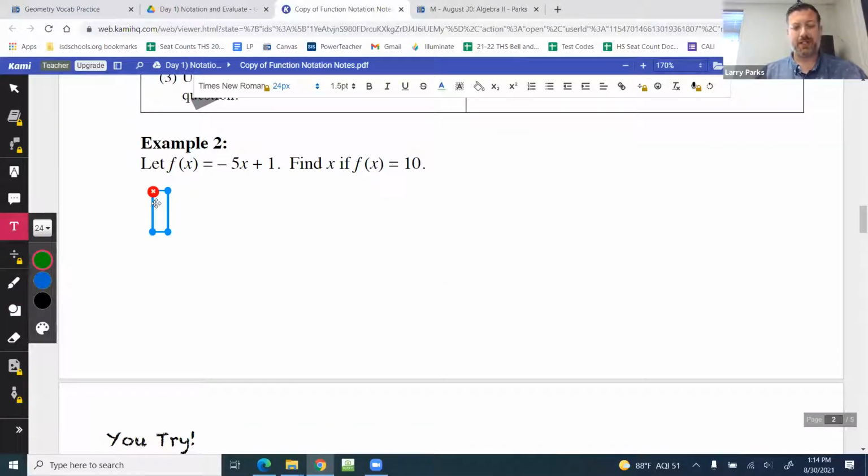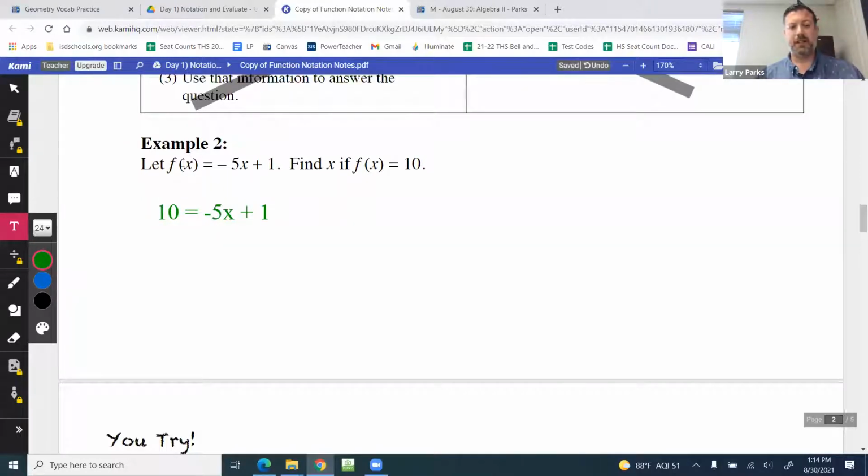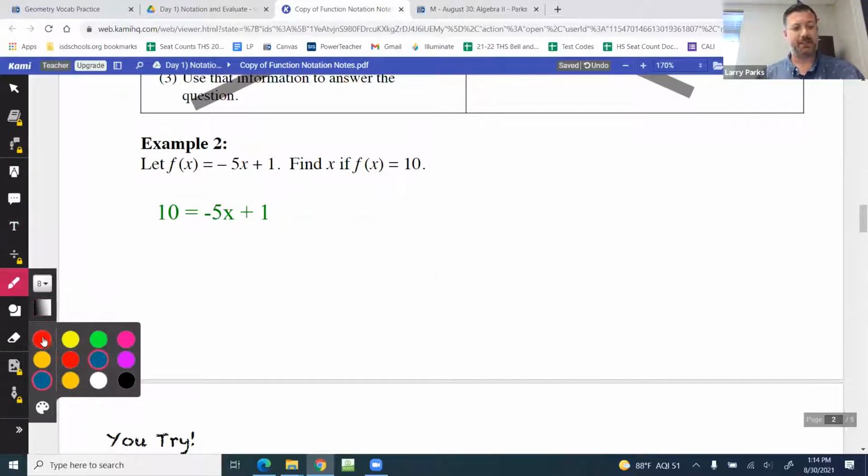So you would just say, okay, when does this equal 10? It equals 10 when you take negative 5 times something plus 1. All I did was replace f of x with 10, because they told me f of x is 10.